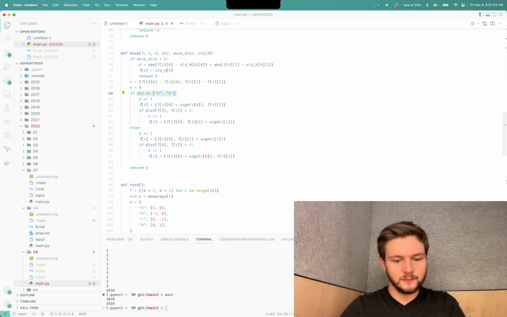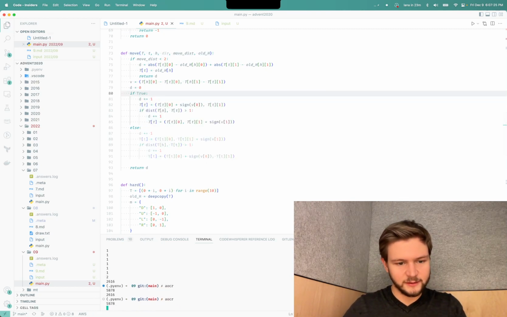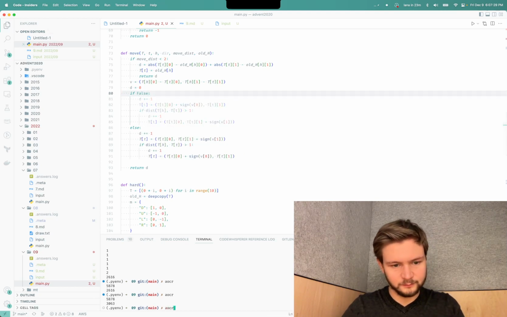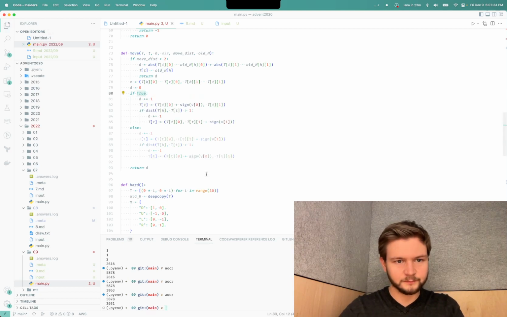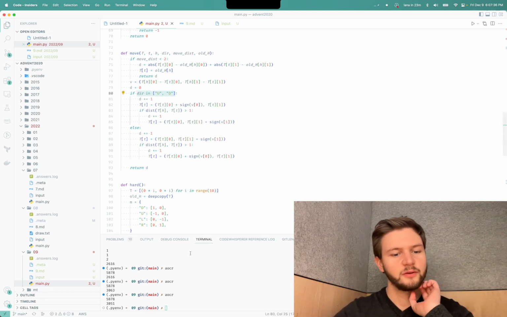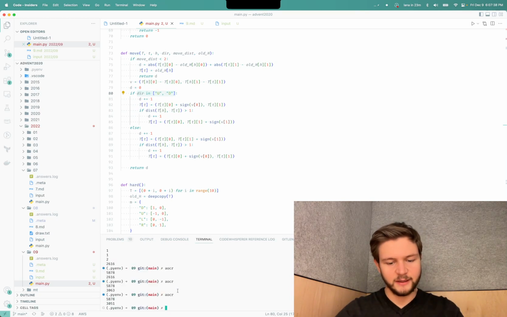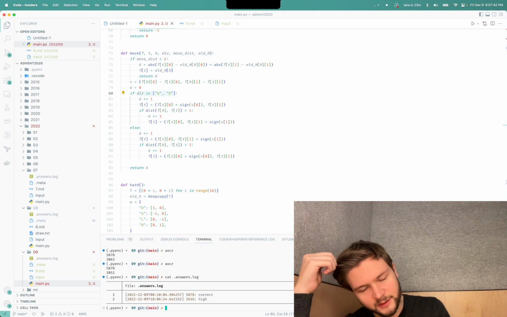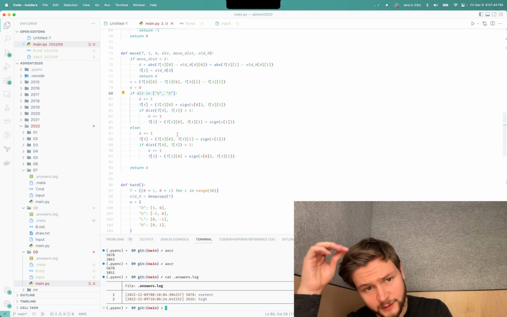Well, let's try something else. That's clearly not the answer because they're both higher. And as we've just learned, 2.6 is too high, so it has to be below 2.6.